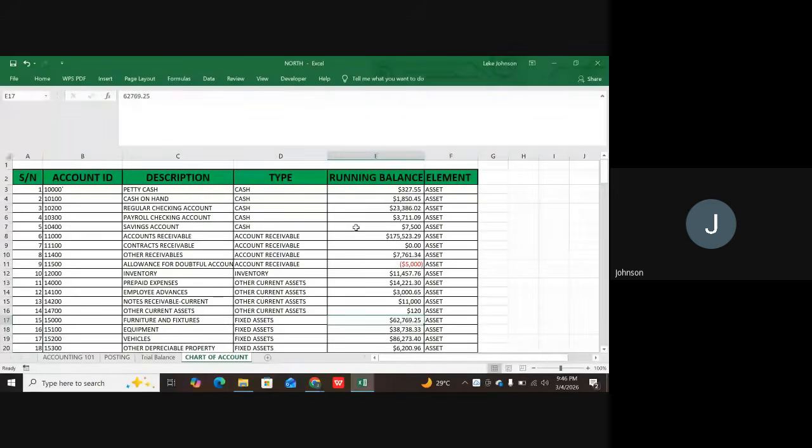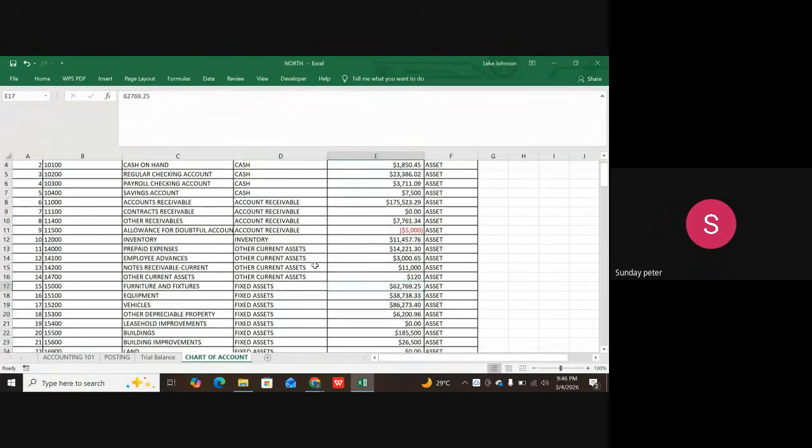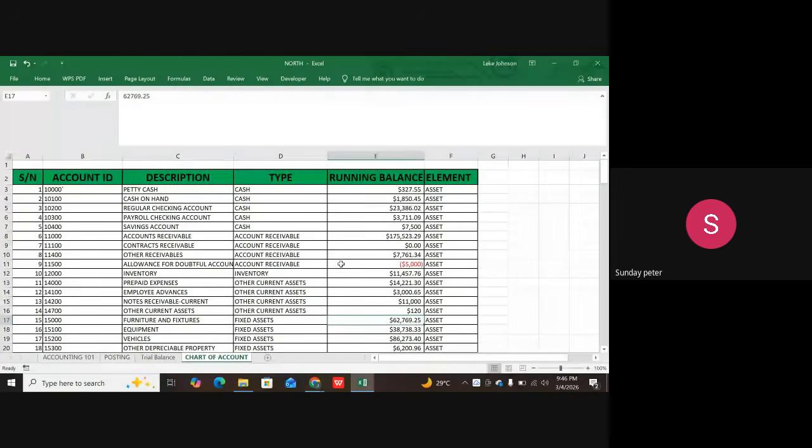So this is the chart of accounts, not QuickBooks. This is the chart of accounts that we're going to import into Sage and also QuickBooks. Okay, thank you, sir.